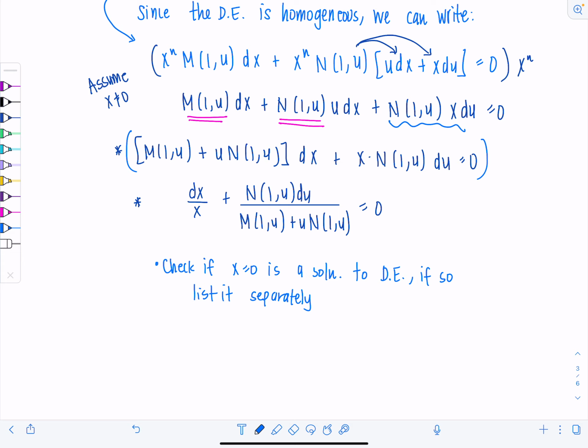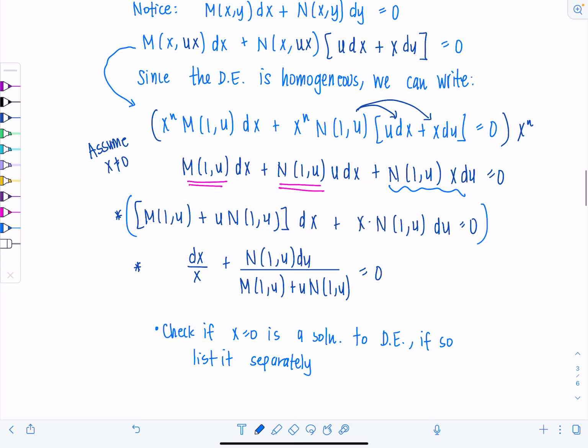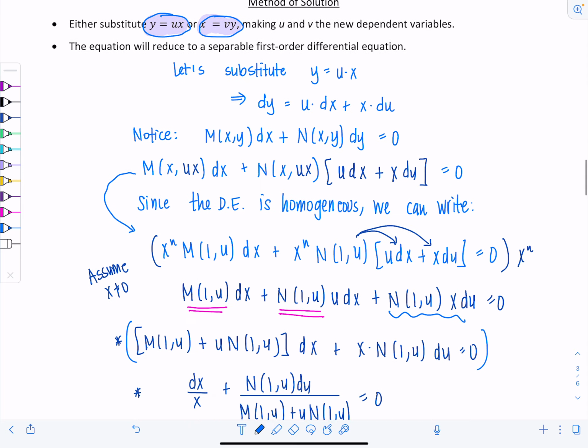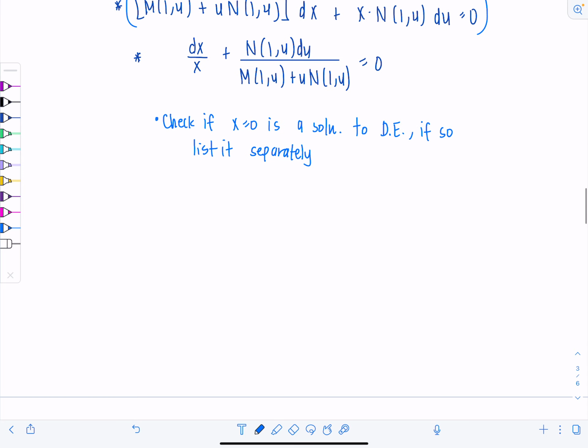Other thing is, earlier I mentioned you can make the substitution. Do you remember we had two options? y equals u times x or x equals v times y. How do you know when to use each one? I'll give you some tips.